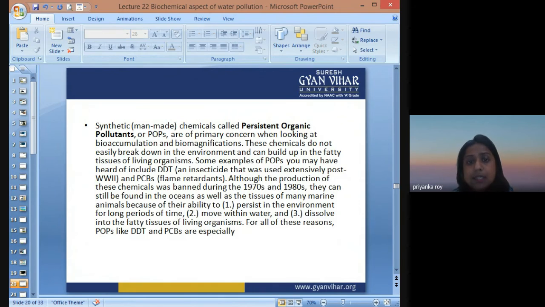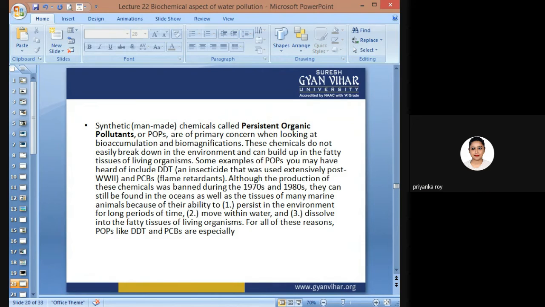The synthetic chemicals called persistent organic pollutants, that is POPs, are of primary concern when looking for bioaccumulation and biomagnification. Now these chemicals do not easily break down in the environment and can build up in the fatty tissues of living organisms.